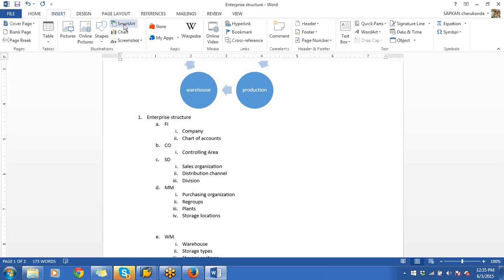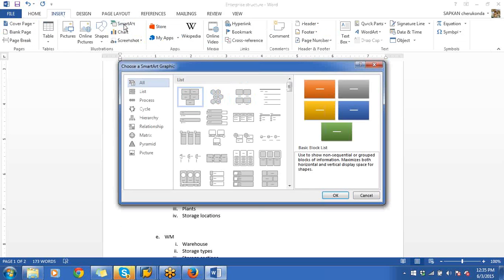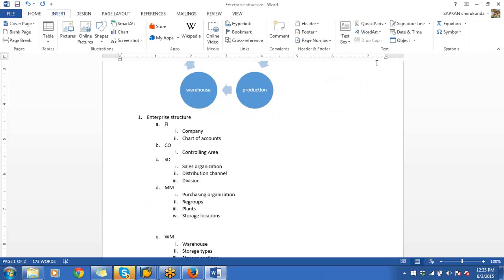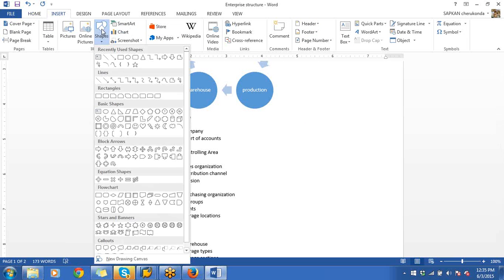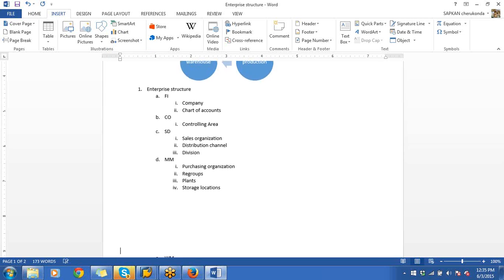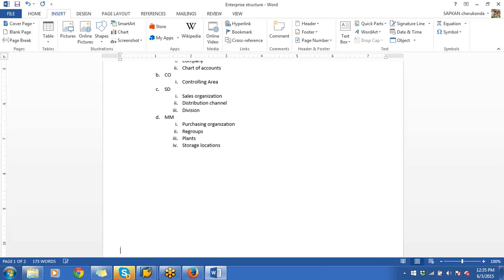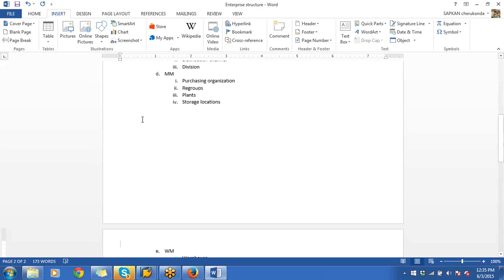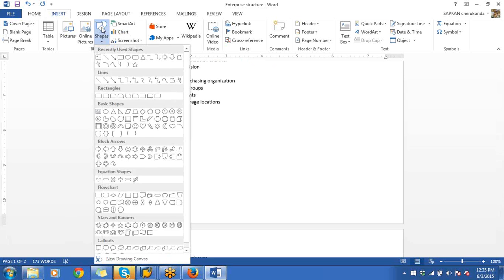We'll go to the other one. Insert. Go to shapes. Take this shape. I need at least this much space to draw.